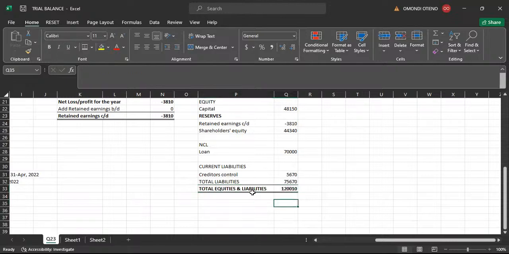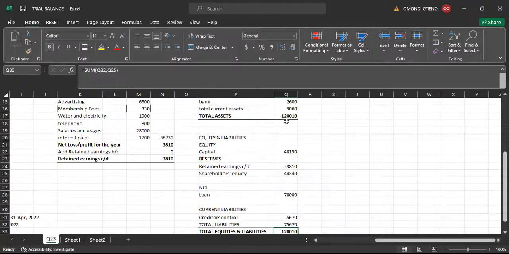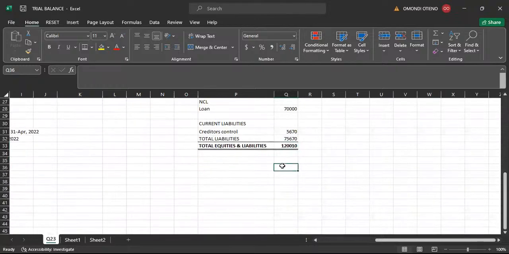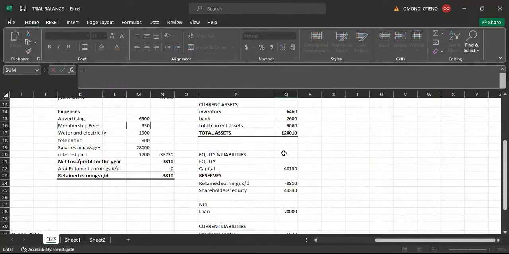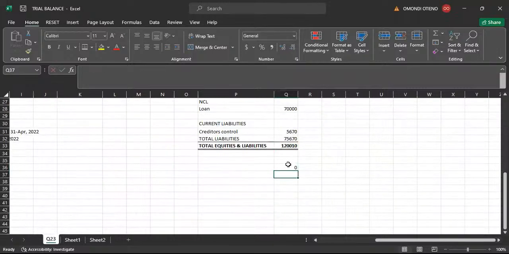So if we get the summation of total equities and liabilities together, compare that with the total assets, is it going to balance? Are we going to have a zero difference? So I get the difference between those two, and it confirms that it is zero. So these figures are equal and the same.